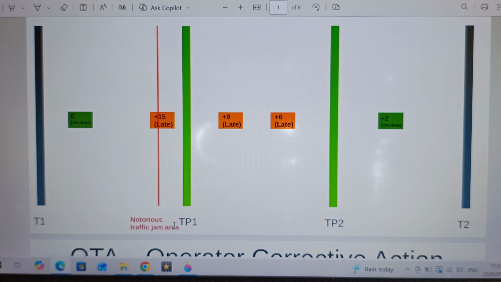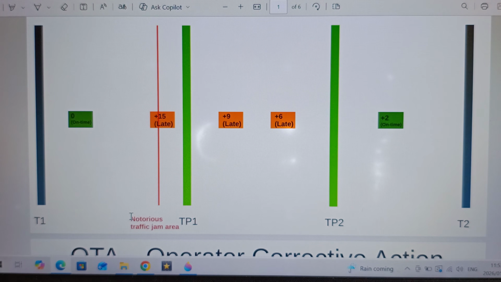So in short, traffic jam or no traffic jam, it's not dependent on whether your service is a loop or bidirectional, or how good the turnaround or terminal is. It just solely depends on how congestion prone the route is.